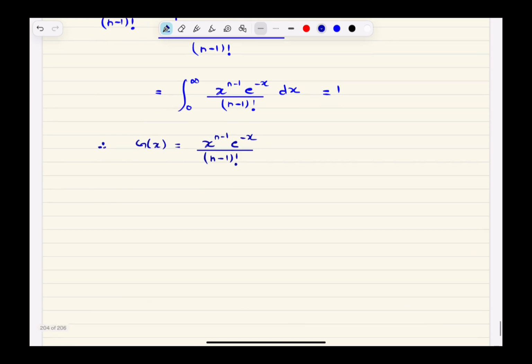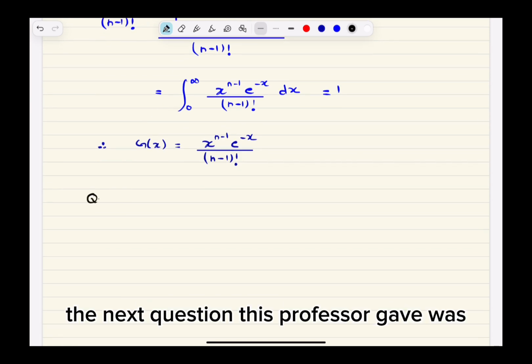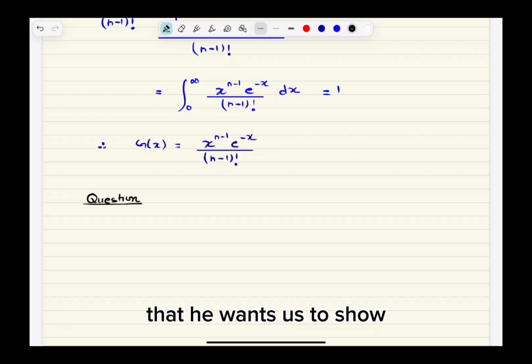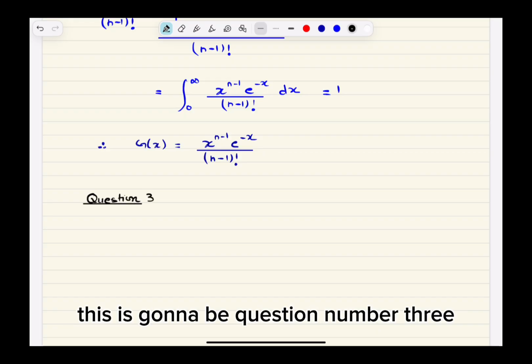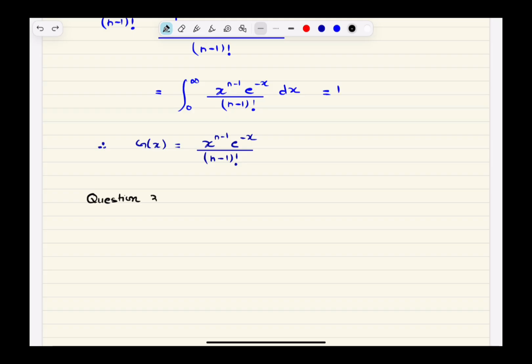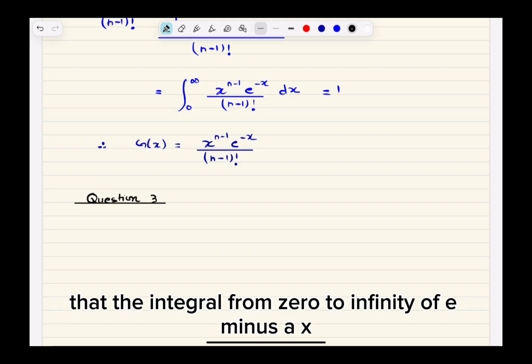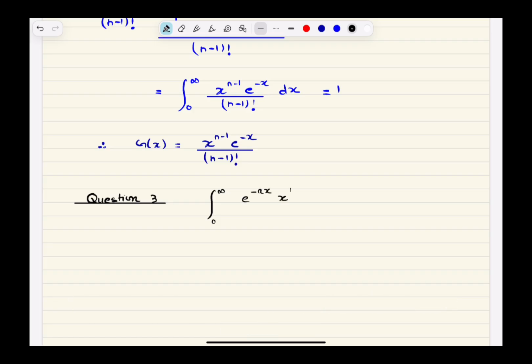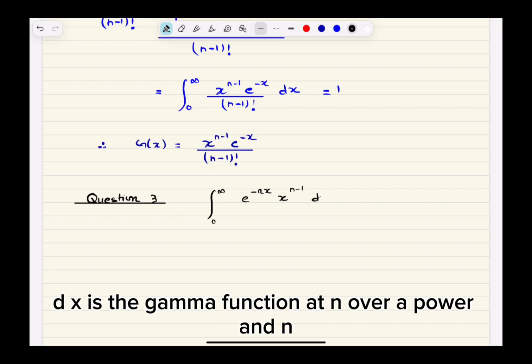Okay, the next question this professor gave, question number 3, is that he wants us to show that the integral from 0 to infinity of e^(-ax) x^(n-1) dx is the gamma function at n over a to the power n.